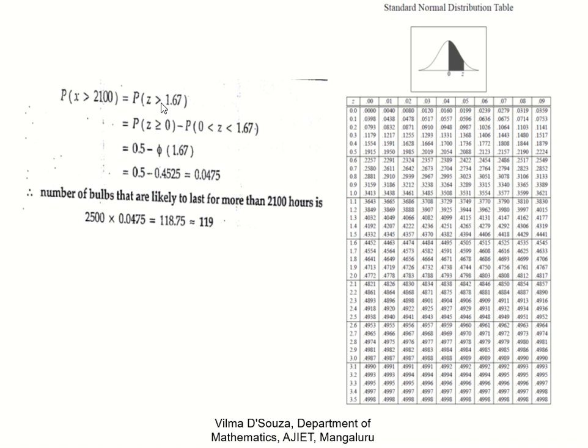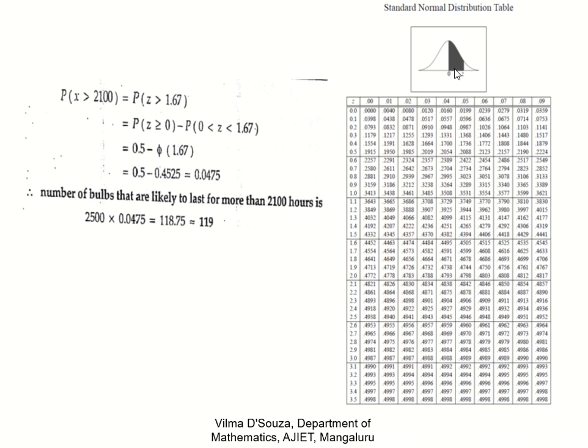What is the probability of Z greater than 1.67? So 1.67 to infinity can be written as P of Z from 0 to infinity minus P of Z varying from 0 to 1.67.